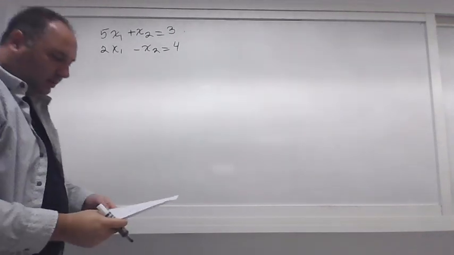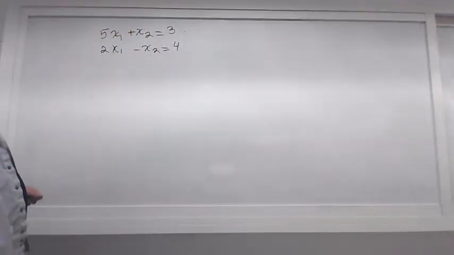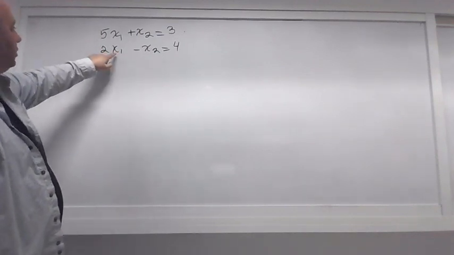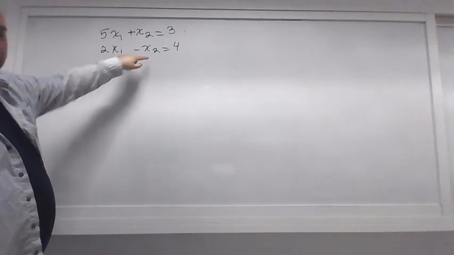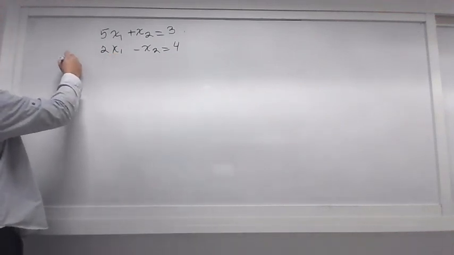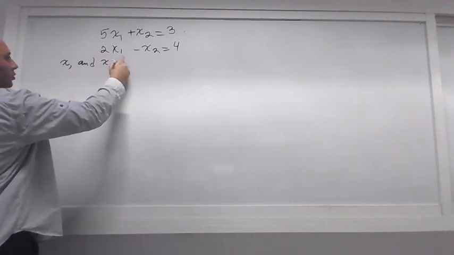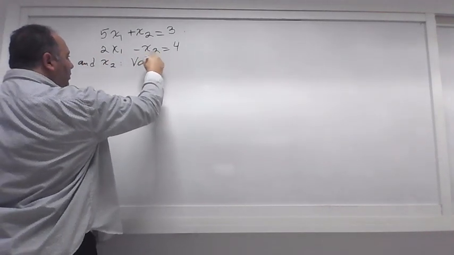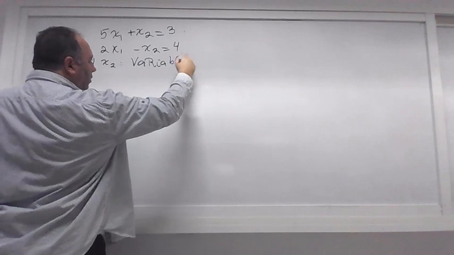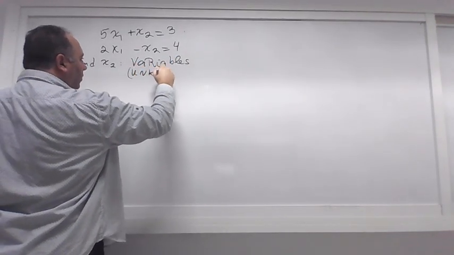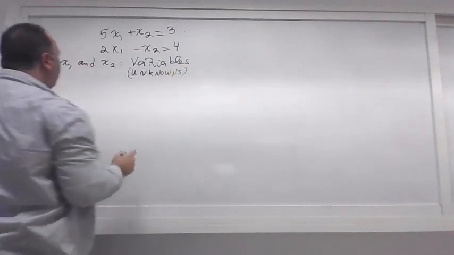We don't need to write it every single time. What we want is to find the solution. What is a solution? Well, a solution is all about values of x1 and x2. So I'll just write here x1 and x2, variables or unknowns. So this is just vocabulary.